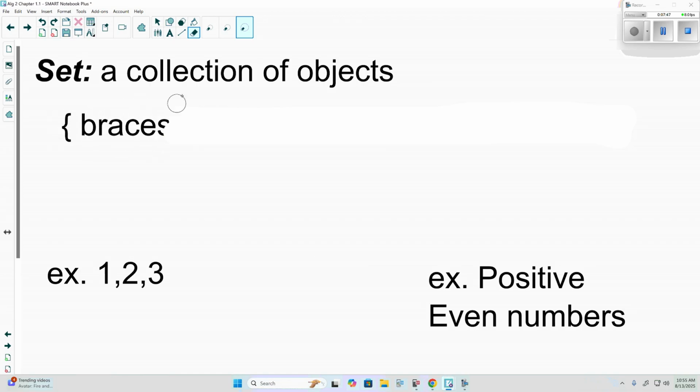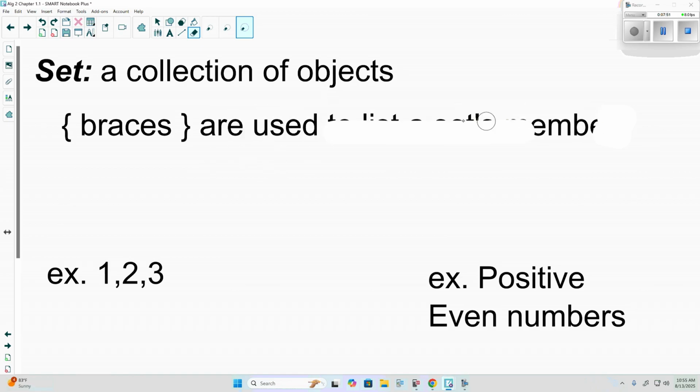And we normally use braces, and braces are used to list a set's members. So we put braces around it to list the set.